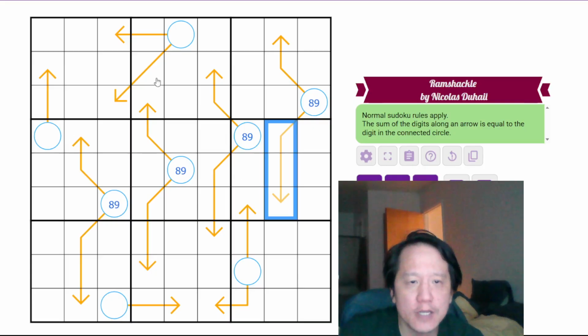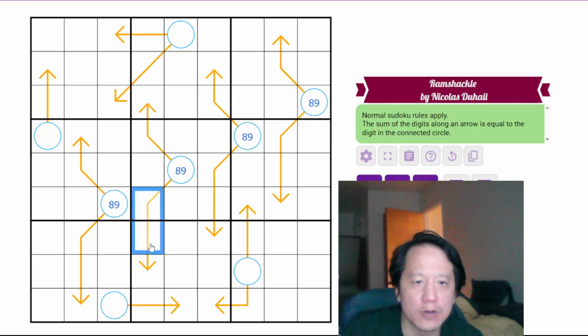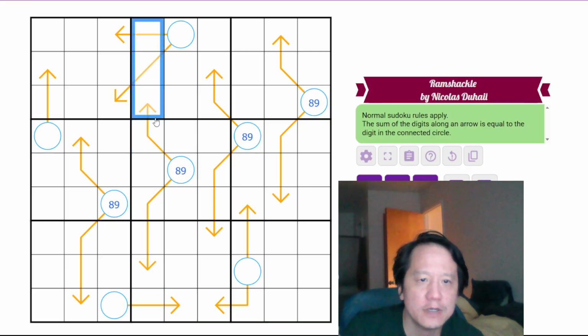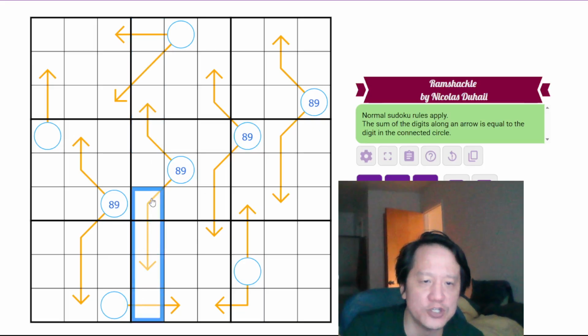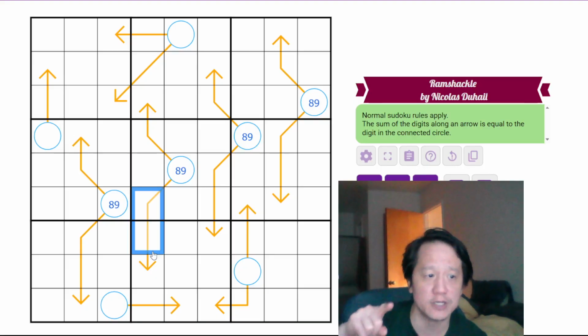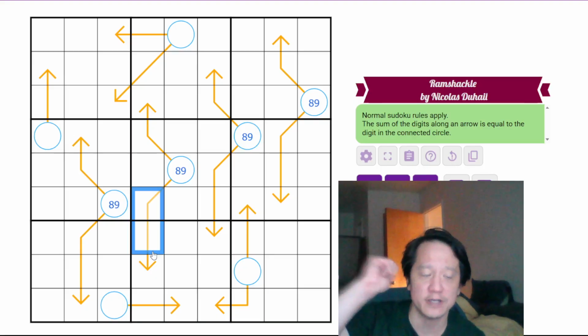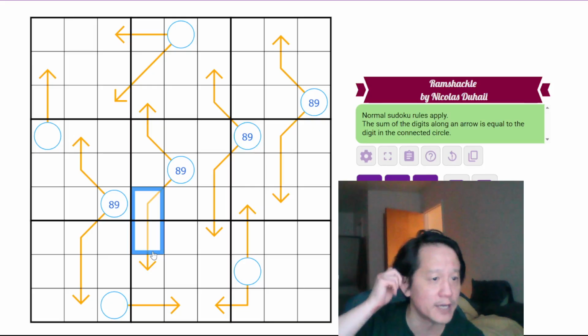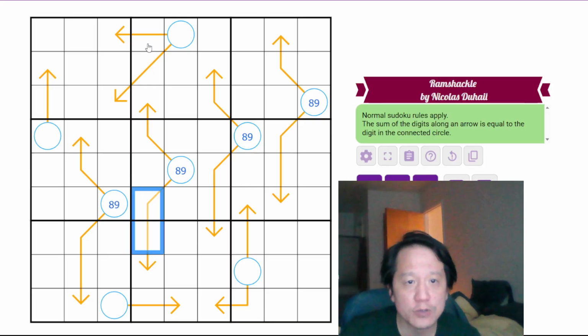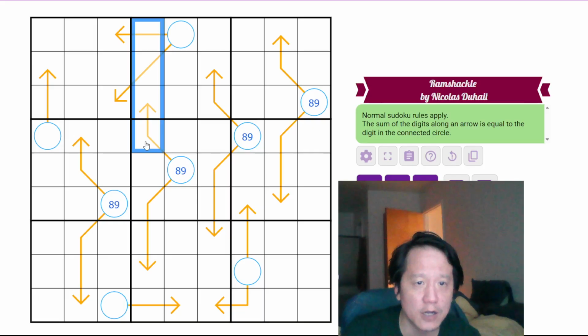Also, 9 can never appear on an arrow portion unless it's a singleton digit, right? If it adds up with another digit, 9 is never going to add up with another digit in normal Sudoku to add up to a digit. So none of these digits in column 4 can be a 9.